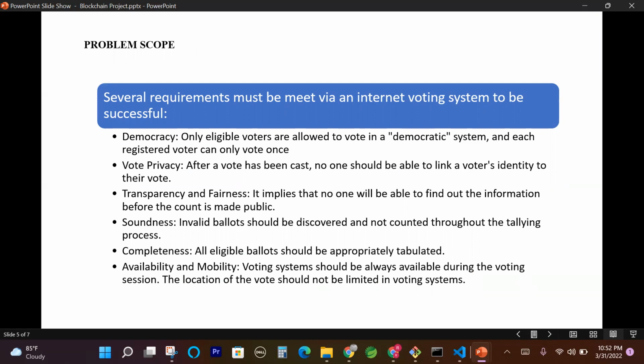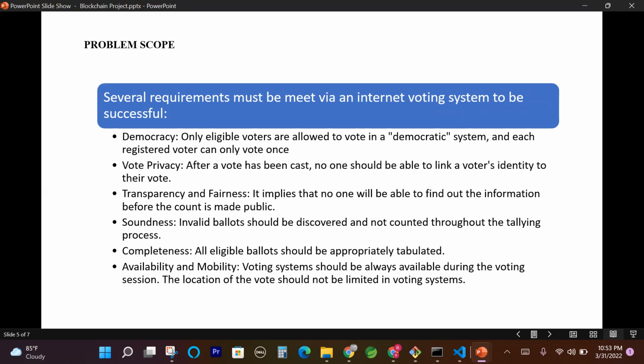For describing the diagram, to make the online voting system successful, we have to meet some requirements. One of them is democracy. Like in real life, only eligible voters are able to vote. So we have to make sure of this in online voting systems.